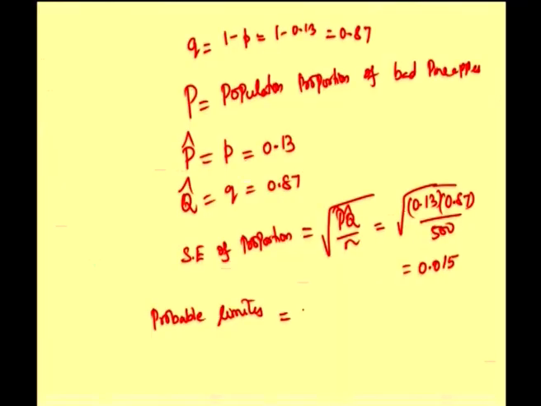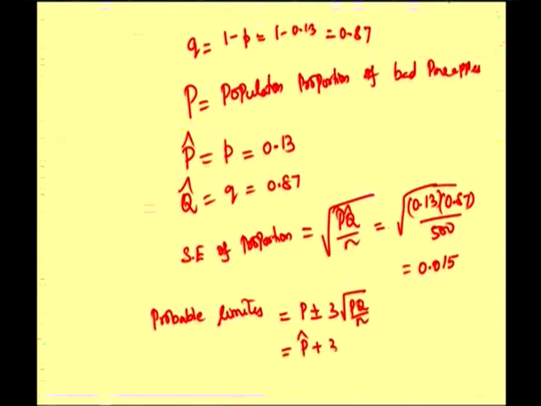Then you are also asked to find out the probable limits for the consignment of bad pineapples. The probable limits formula we have seen is P plus or minus 3 into root of PQ by n. Since P is not directly available, you have to take its cap values, P cap Q cap by n.